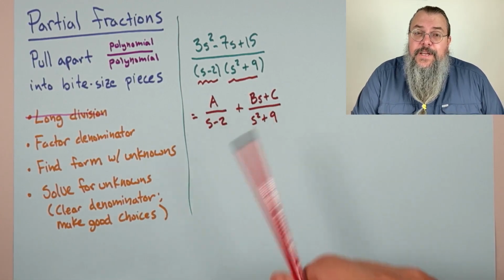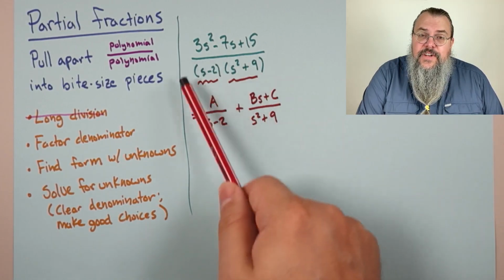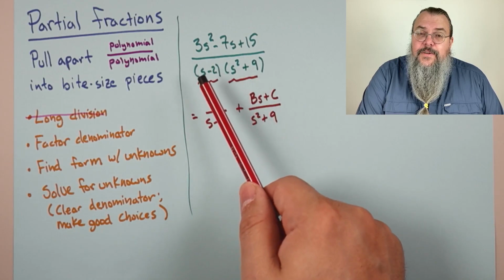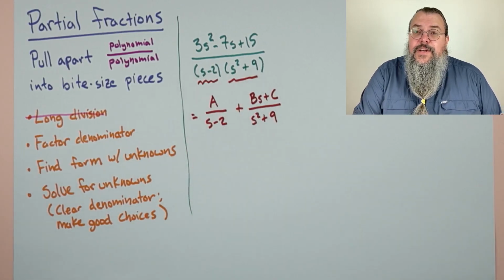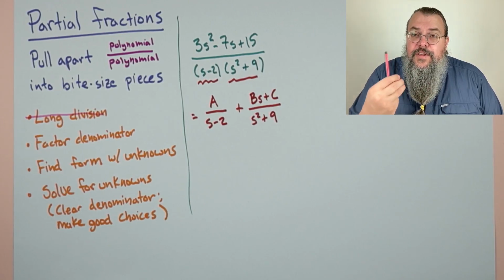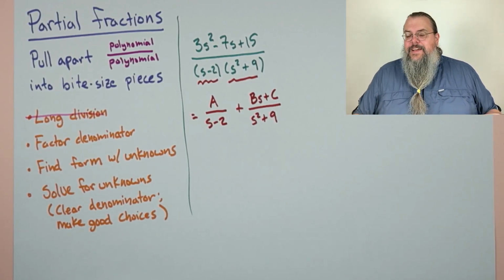We have 3. The number of unknowns that you have has to match the degree downstairs. So what's the degree downstairs? Well, s times s squared, that would be s cubed, 3. So 3 equals 3. So good sign. All right.